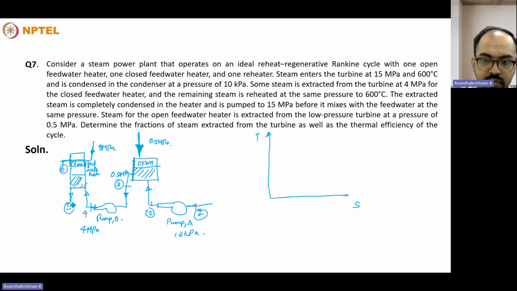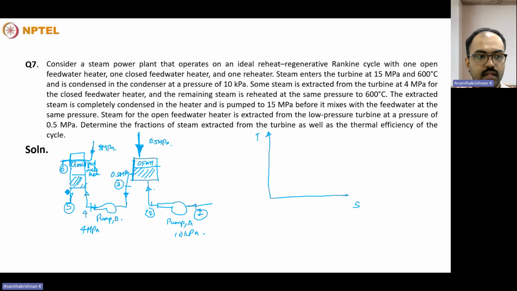And then we will have two streams. One will be at 6, the same pressure, saturated liquid, and the other will be at the pressure 4 megapascal, but it will be heated. So now we need to mix both of them, 5 and 6.